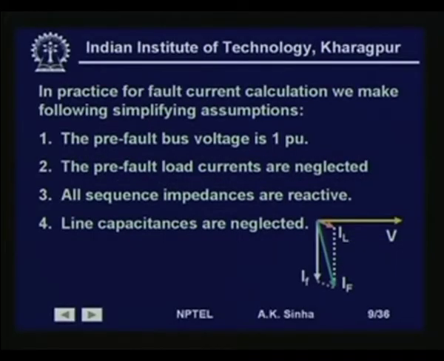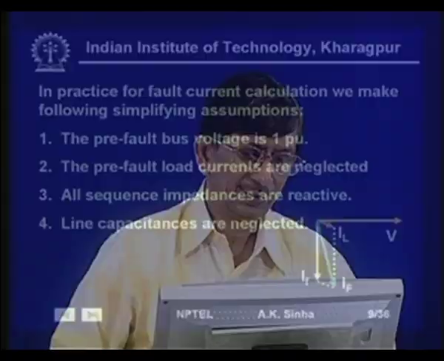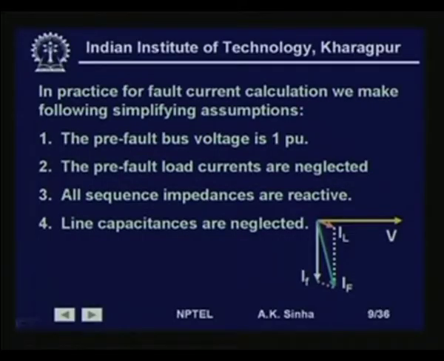However, in practice we make some more assumptions, because we have said earlier that pre-fault currents are generally much smaller compared to the fault currents. So, most of the time we neglect the load impedances from the system representation. The main assumption that we make in fault analysis is that pre-fault bus voltage is 1 per unit.